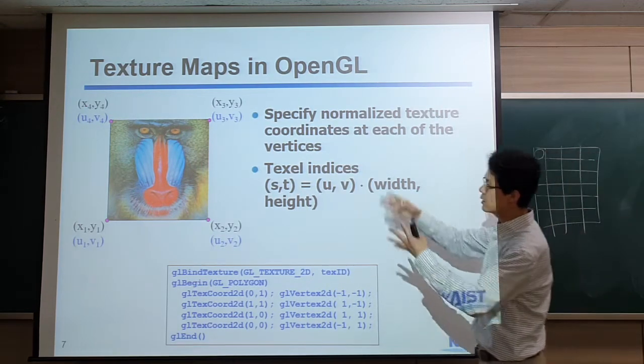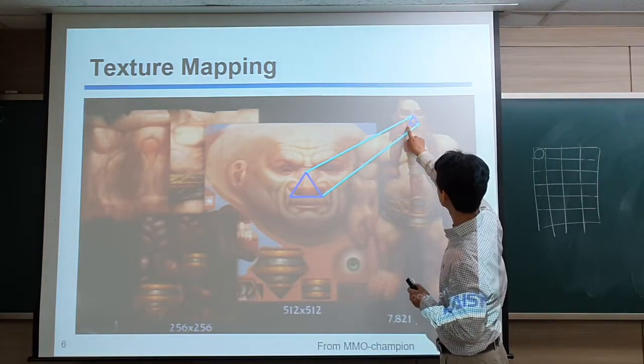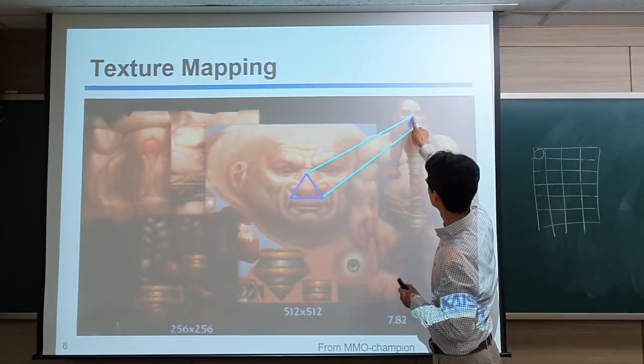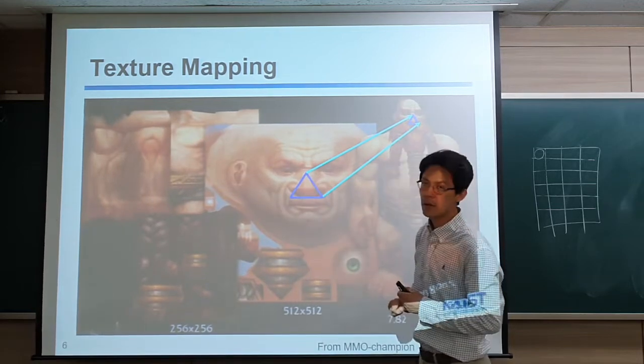Based on this, we can set up the link like this. For this vertex, we want to use this particular texture value.